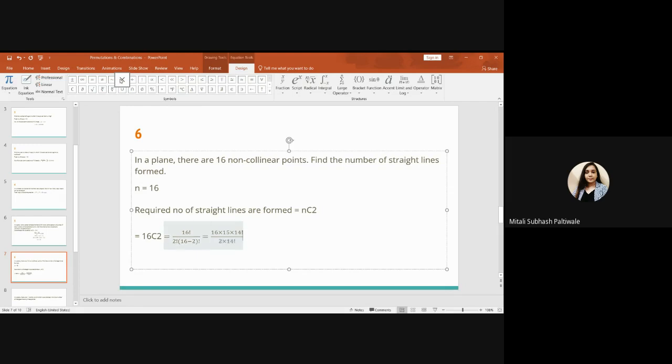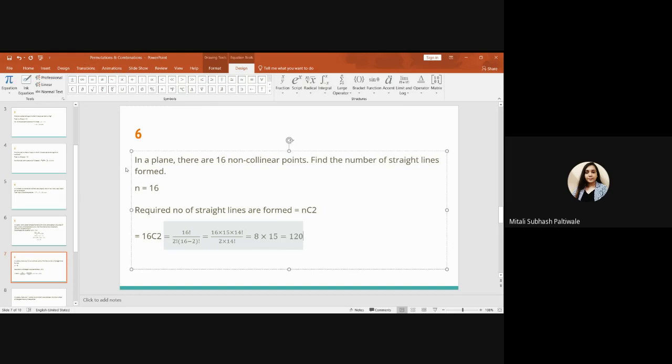Now 14 factorials will get cancelled off. This will remain as 8 into 15, which is nothing but 120. So there are chances of forming 120 straight lines. And that's it.